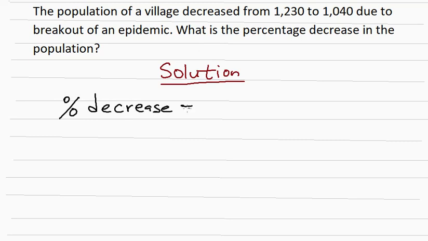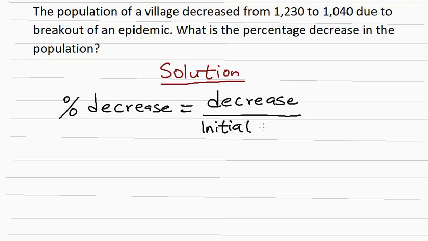Of course, the percentage decrease is simply the decrease in population divided by the original, you can say initial population.